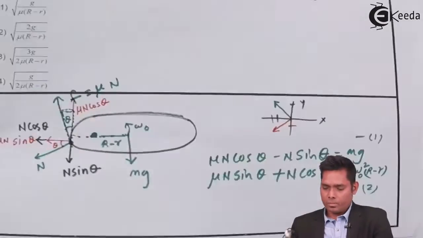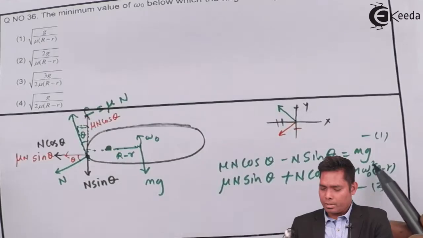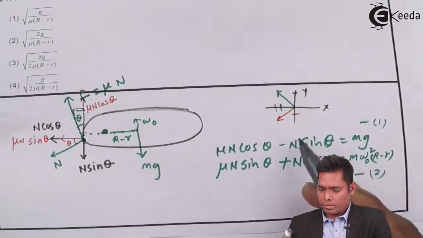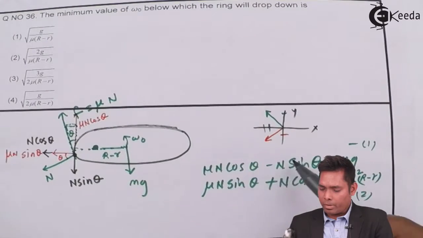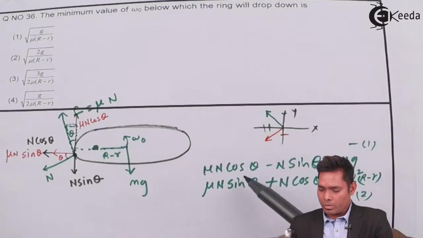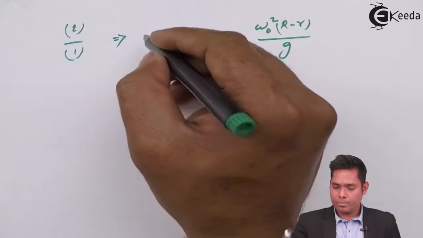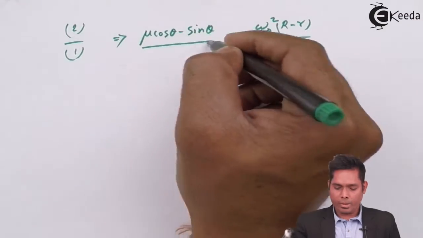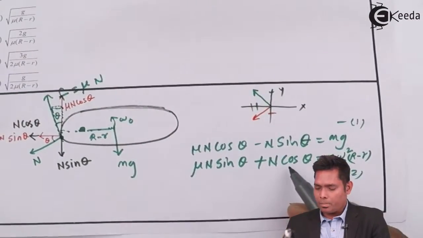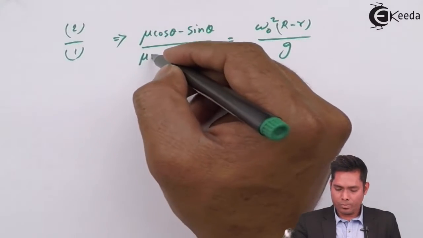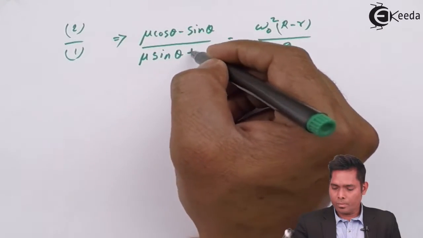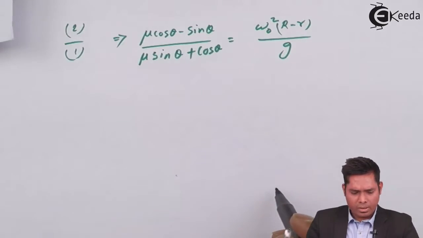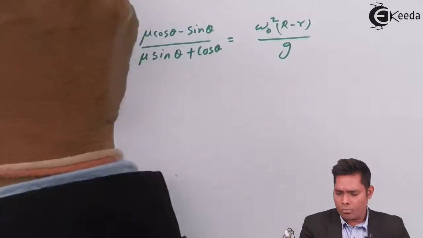You can see here, m will cancel, and this one will become, n common cancels out, mu cos theta minus sin theta divided by mu sin theta plus cos theta.